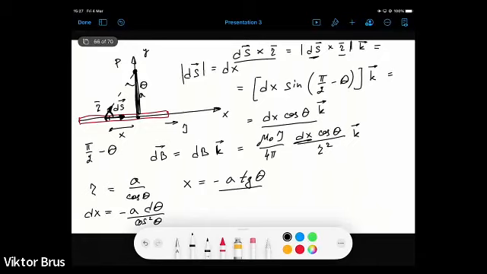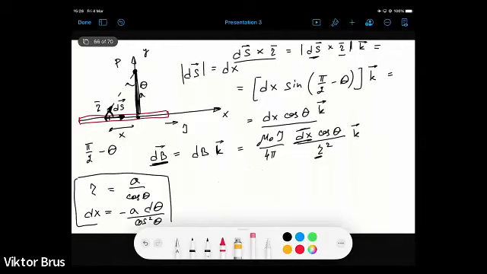So once we have all this, we can substitute these two terms, r and dx, in our equation for the magnetic field vector. Let us do it. Maybe I can clean this part so we have it all on one slide.